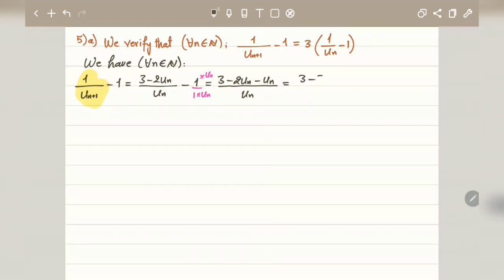We get 3 minus 3 un over un. We get 3 over un minus 3 un over un. We get 3 over un minus 3. And then we take 3 as a common factor to get the desired result.